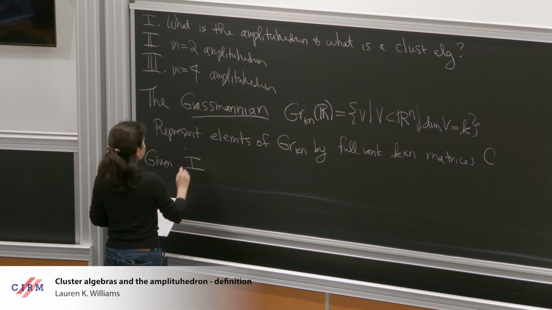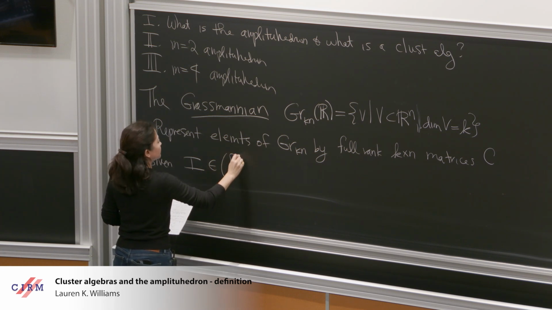So we want to talk about Plücker coordinates of the Grassmannian.